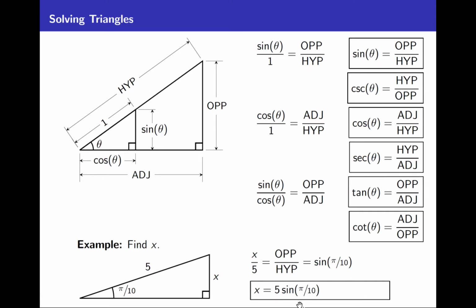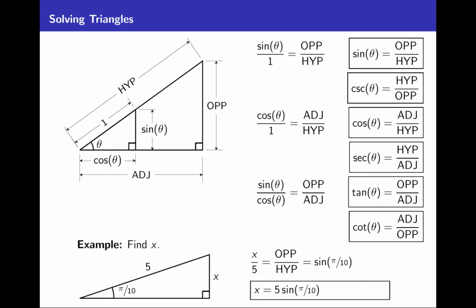Now, unfortunately, pi over 10 is not one of those nice angles like pi over 3 where you can figure out what sine is. We're not really familiar with that angle. And for something like this, if this were a quiz and maybe you didn't have a calculator, you'd probably just leave it like 5 sine pi over 10. But if you have a calculator available to you, you can compute sine of pi over 10 to get a decimal approximation to x.